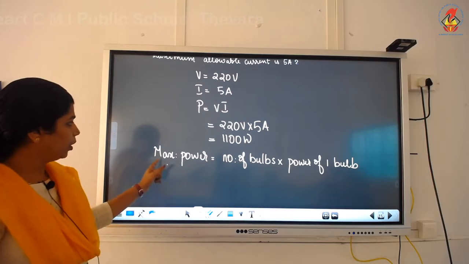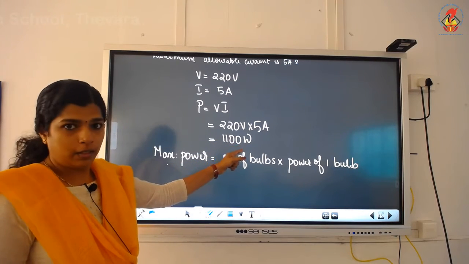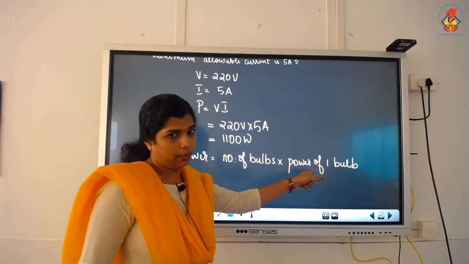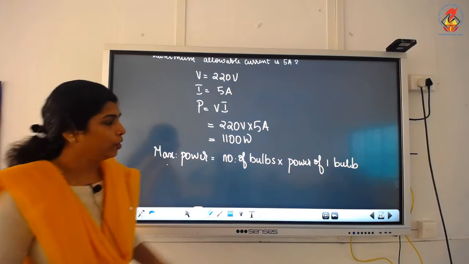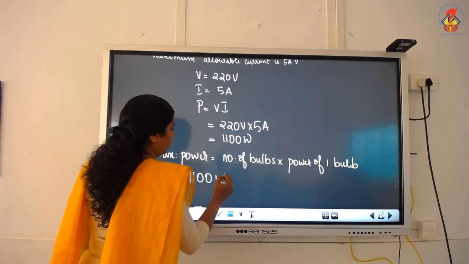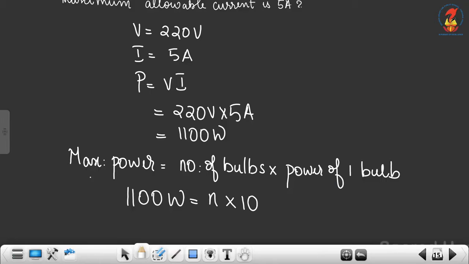So, when we got maximum power as 1100 watt, we know the value of power of one bulb, 10 watt. So, 1100 watt equal to, let n be the number of bulbs, into 10 watt.